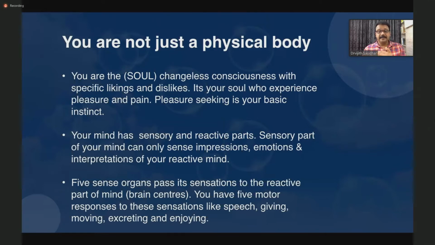And it is the reactive part of your mind which produces impressions from various sensory organs and produces emotions and interpretations around these sensations. So that's the second faculty that we have.